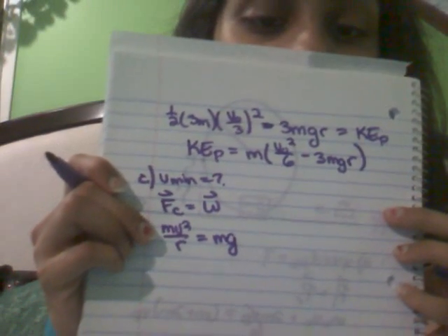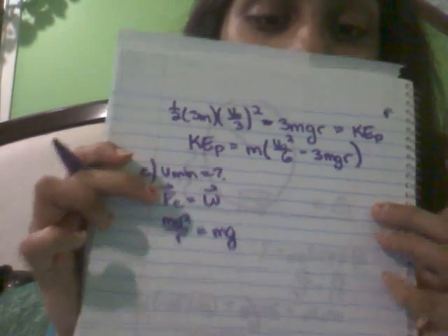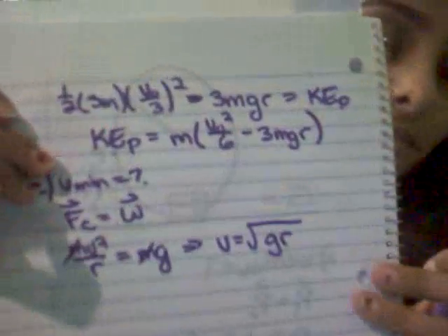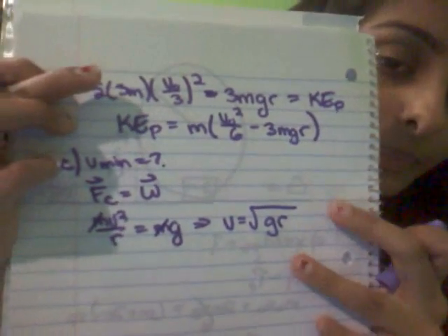So that's what we have. And as you can see, the m's cancel, and then we want to solve for v, because we want to find the minimum velocity. So v is going to be equal to the square root of gr. Hooray! Alright, but we're not done yet.